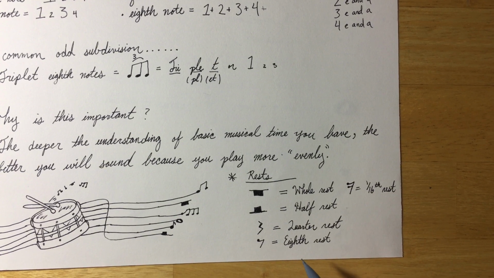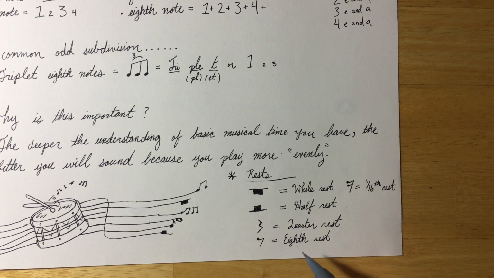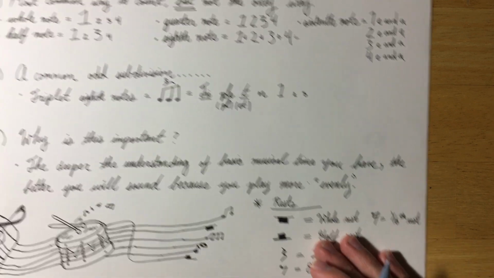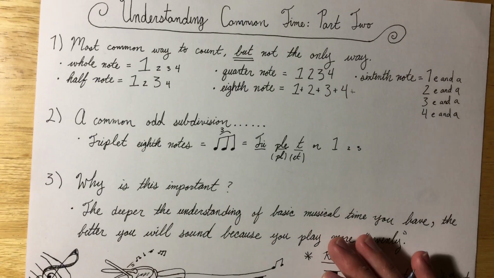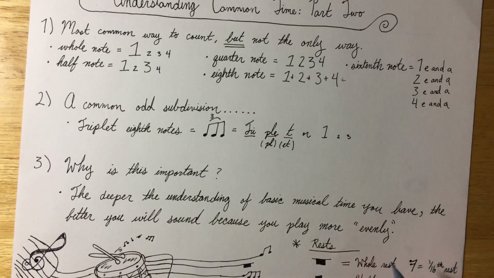An eighth rest is half of a beat, and a 16th rest is a fourth of a beat. That's why you should understand time: it's going to help you play more evenly.